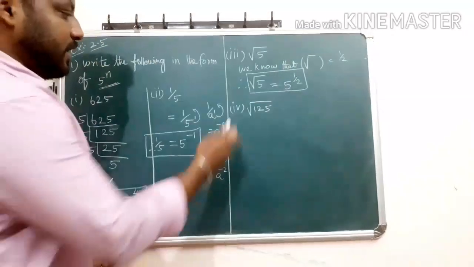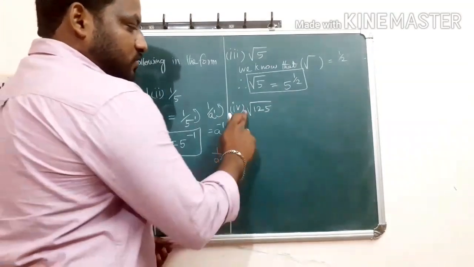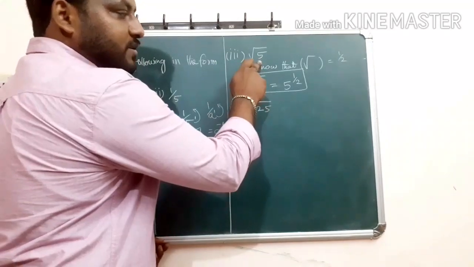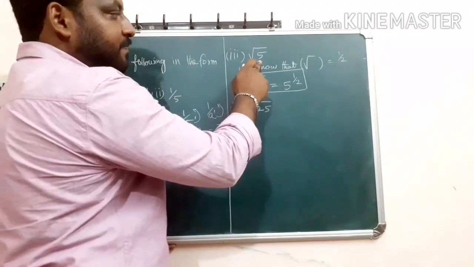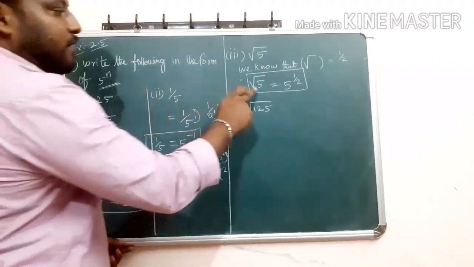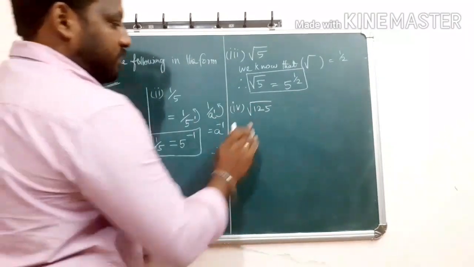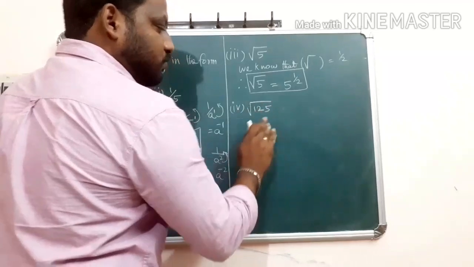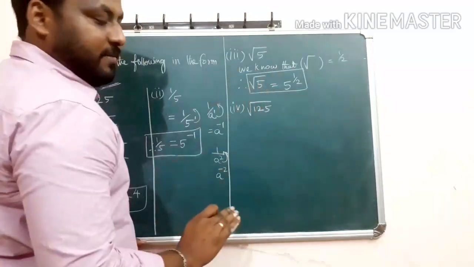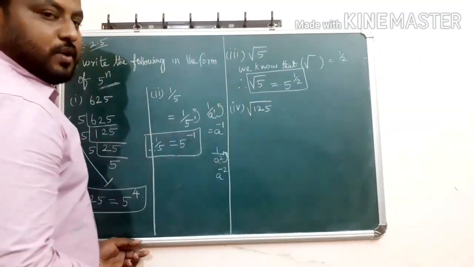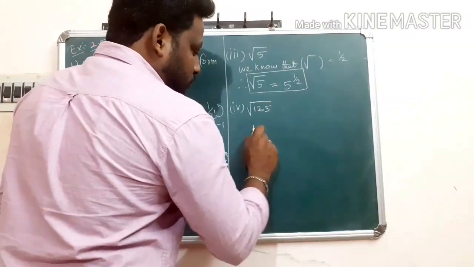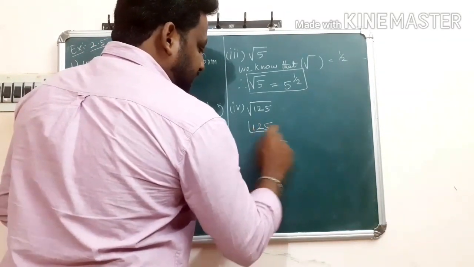Clear? And then next, the fourth one, square root of 125. Here 5 is given already. So in 5 power n we have to write the square root value alone. But here 125 is given. So first of all we have to change 125 into the 5 power formation and then write the square root value. So 125 is the given number.